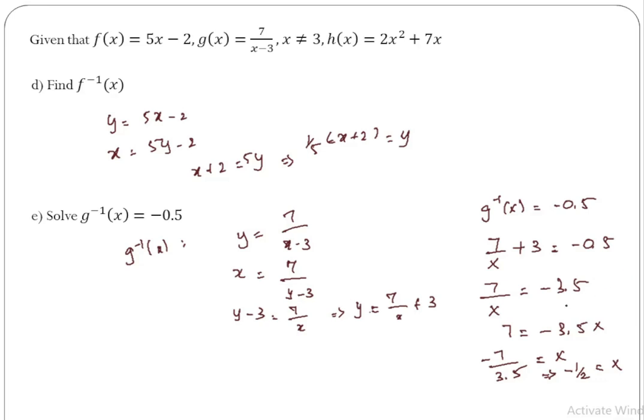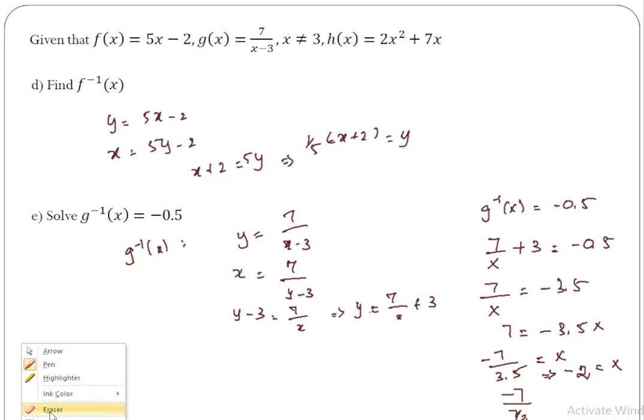We get minus 3.5, and cross multiplying x and 3.5, the 3.5 comes to the denominator, and we have minus 7, and 3.5 is also written as 7 by 2, and then we get not negative 1 by 2, it is negative 2, because 3.5 can be written as 7 by 2, and interchanging the denominator, we get negative 2.